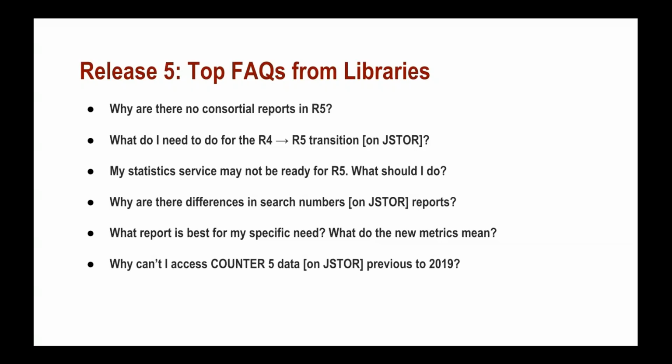We also had questions about the approaches taken, at least specifically on JSTOR, about providing Counter 5 data. We've had some questions about why we can't provide Counter 5 data going back a couple of years so there's more of a consistent view. I realize that publishers and providers are probably handling this differently depending on the scenario they're in.